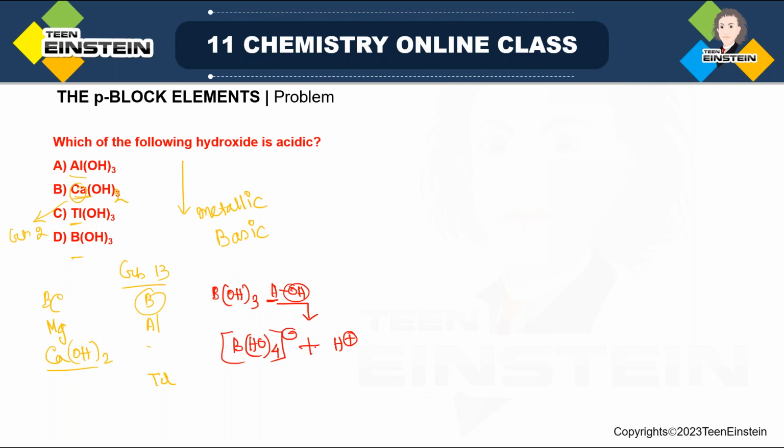So B(OH)3 is accepting the OH minus ion, that means it is accepting negative charge. So the behavior of B(OH)3 here is Lewis acidic in nature. But whatever it is, after all it is acidic in nature, and that we have to find. So that is why this should be the correct option.